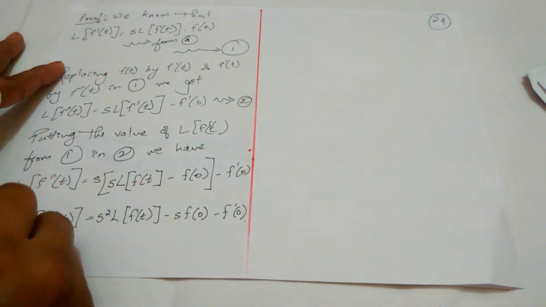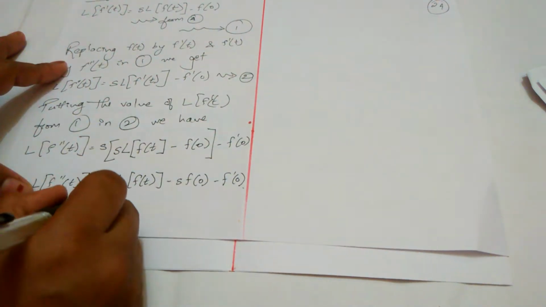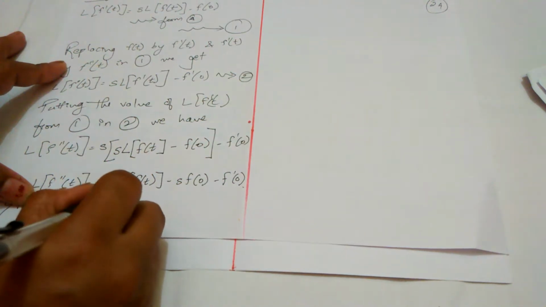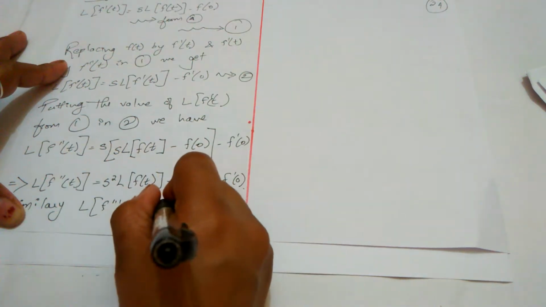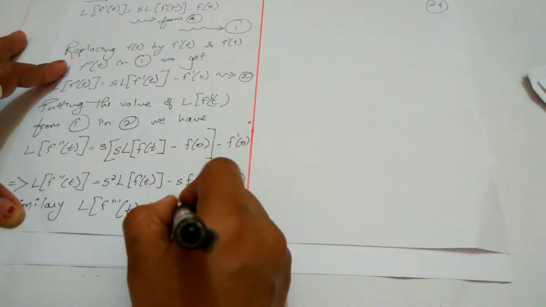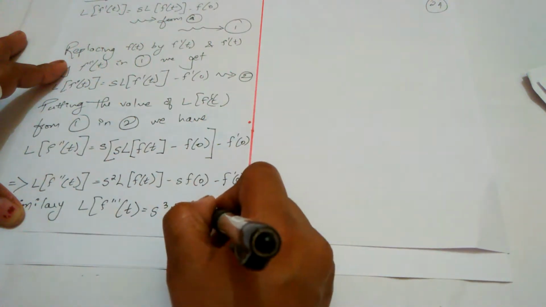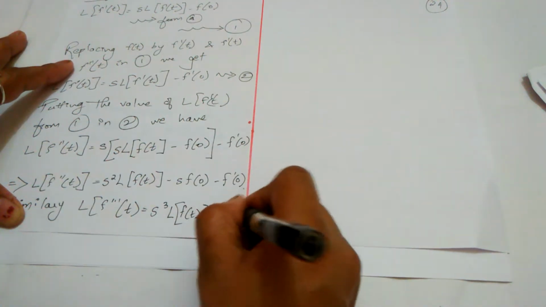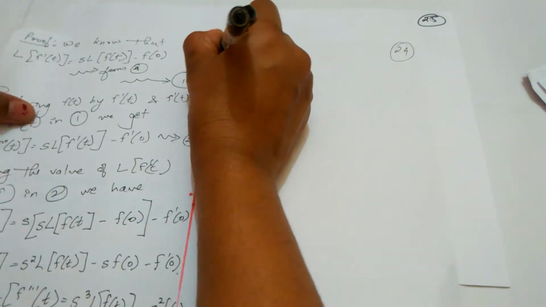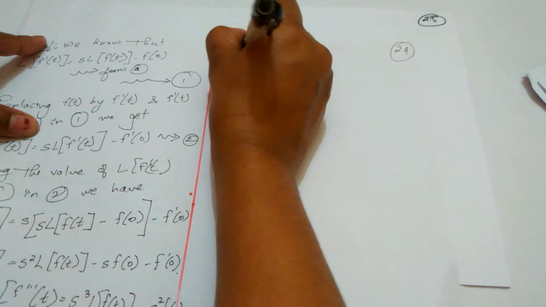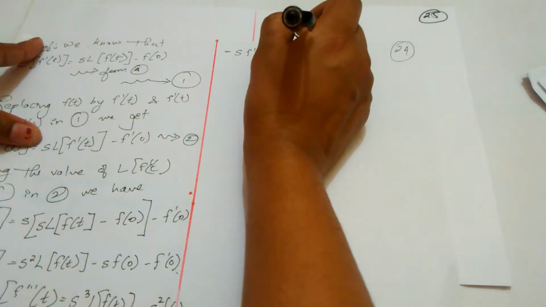Similarly, L of f triple dash of t will give me s cube L of f of t minus s square f of 0 minus s f dash of 0 minus f double dash of 0.